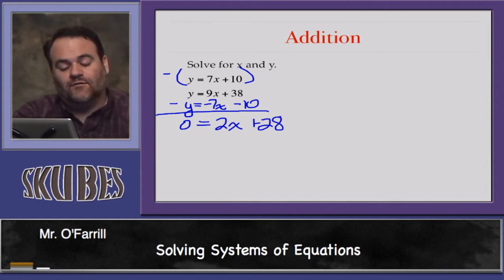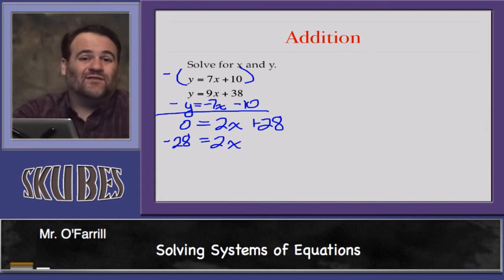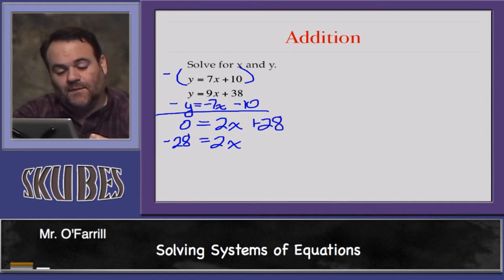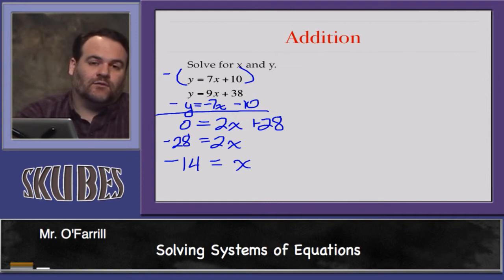Subtract 28 from both sides, and we get negative 28 equals 2x. Divide both sides by 2, and we find that x still equals 14.